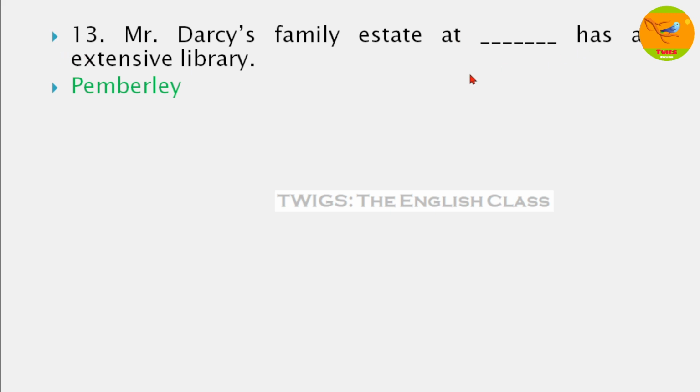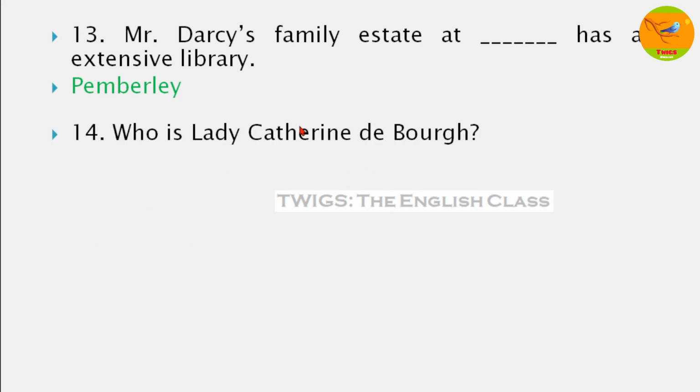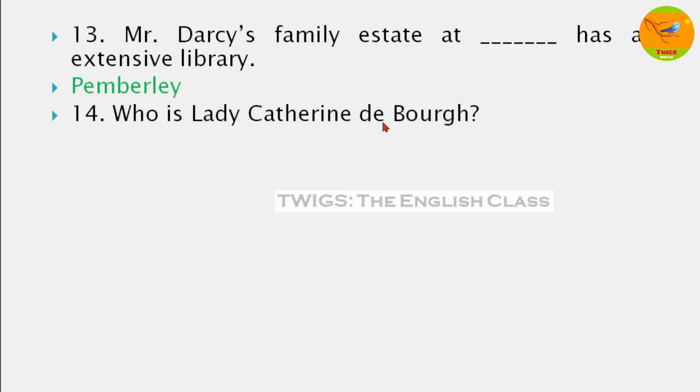So another question may come from here: whose family estate has an extensive library, a large library? Here the right answer should be Mr. Darcy's family estate. Who is Lady Catherine de Bourgh? Mr. Darcy's aunt. Lady Catherine is Mr. Darcy's aunt.